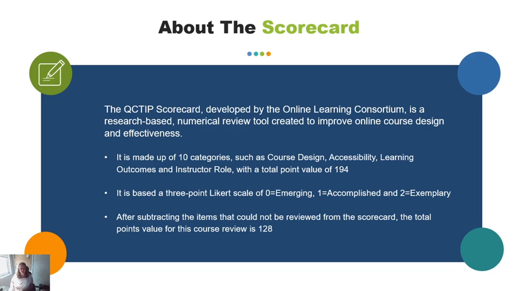It is based on a 3-point Likert scale, 0 being emerging or needs improvement, 1 accomplished, and 2 exemplary. After subtracting the items that I could not review because of lack of information or access, the total point value of this course review comes out to 128.